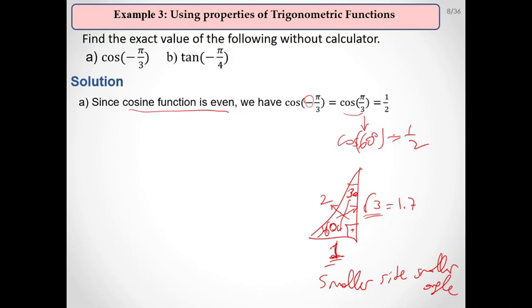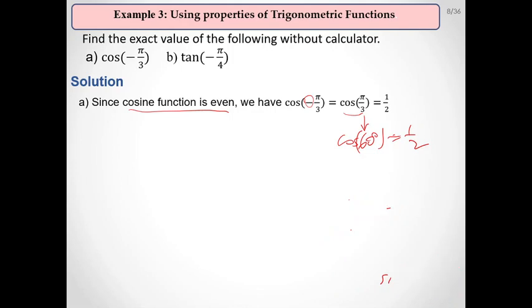The size of the angle and the size of the side are not exactly proportional, but in terms of size, a smaller angle gets a smaller side, and a bigger angle gets a bigger side. And how about the tangent?